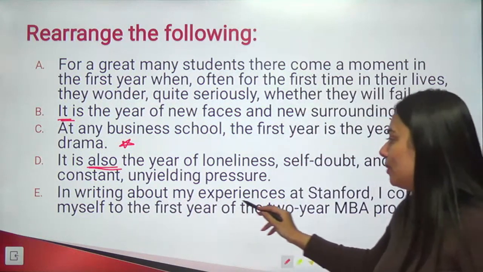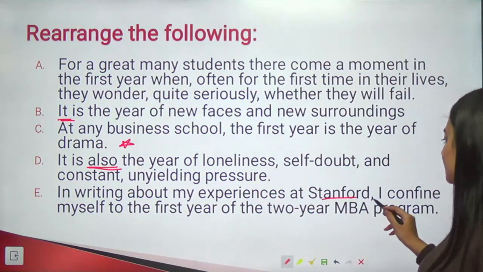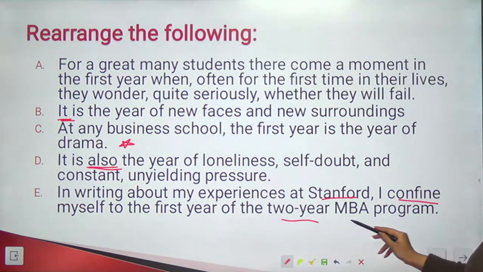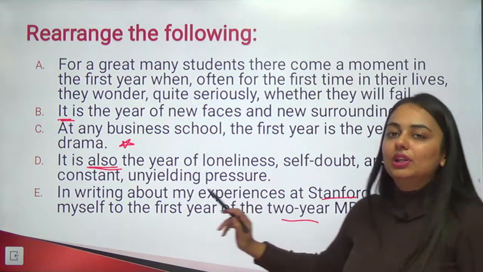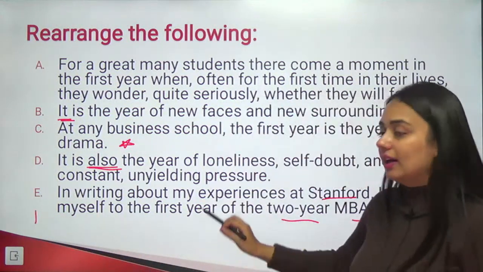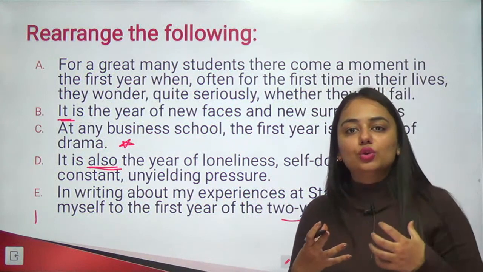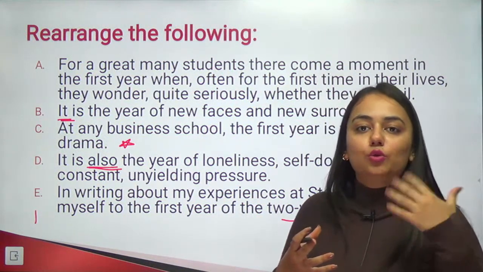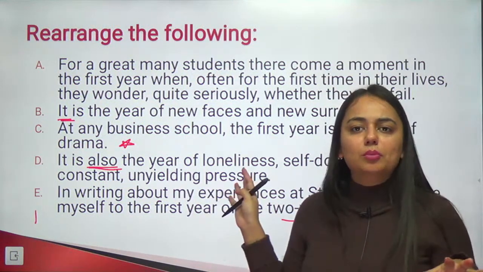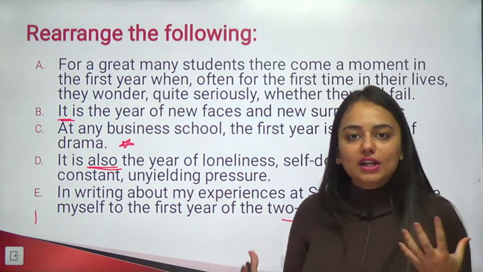In writing about my experiences at Stanford, I confine myself to the first year of 2-year MBA program. Now, this is an apt opening sentence. ये sentence हमें बता रहा है that writer is directly talking to you, to the listeners or the readers, that when I am writing about this experience, probably it's, you can say, autobiography kind of thing.